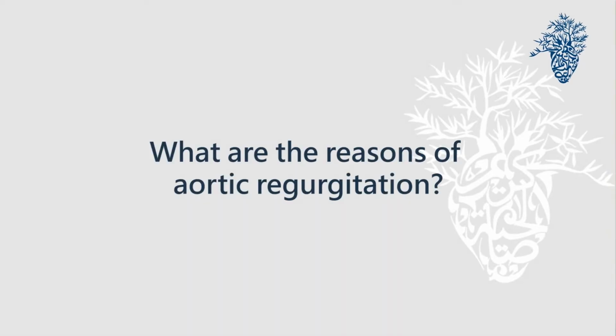What are the reasons for aortic regurgitation? The commonest reason for that is weakness and dilatation of the aortic valve tissues. A bicuspid aortic valve is usually associated with aortic regurgitation. The calcification and narrowing of the valve can also result in aortic regurgitation.